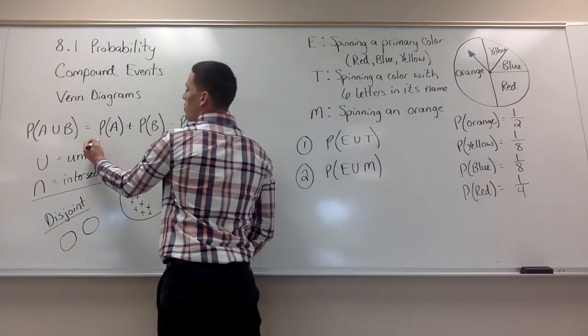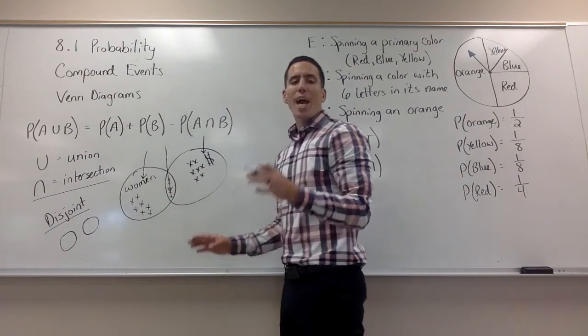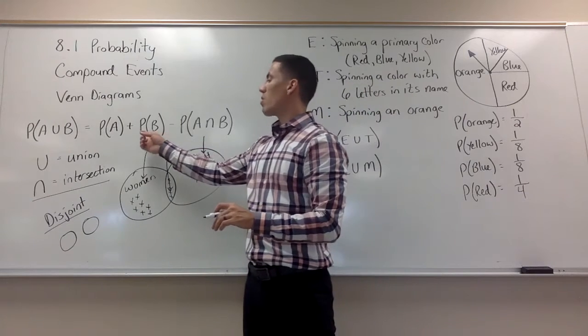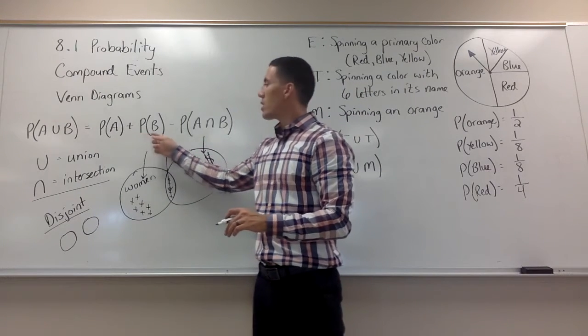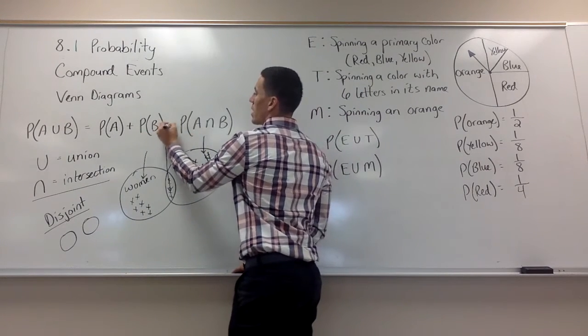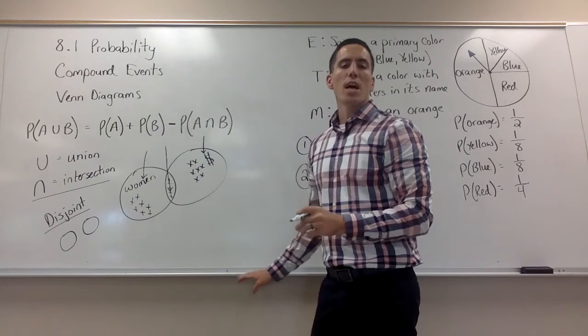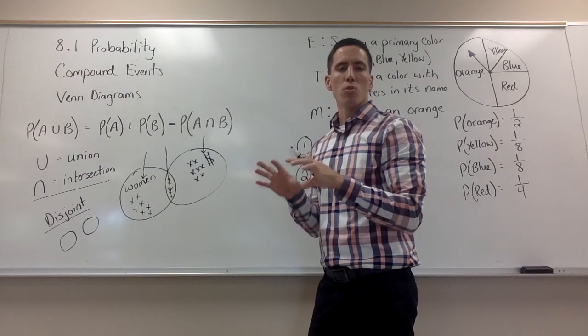When you're calculating the probability of compound events, we do it using the following. We take the probability of our event A, and we add that to the probability of our event B, and then we subtract out the probability of the intersection of those two events.